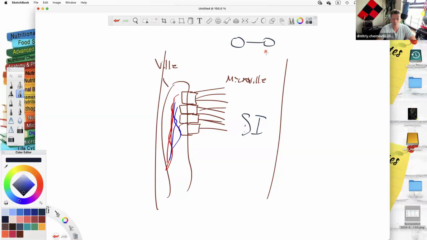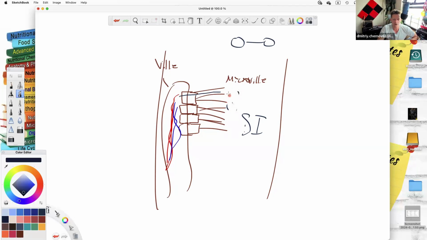So the nutrient that was digested now looks like this, and this microvilli will trap it and will absorb it. There's an extra step here. We will discuss this extra step in carbohydrate, because within microvilli, we can finalize the digestion from disaccharide, let's say, to monosaccharide, but that's in the carbohydrate lecture.